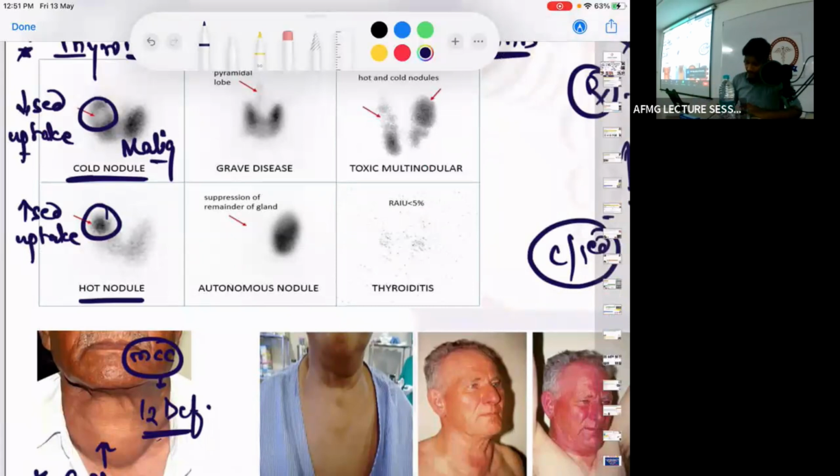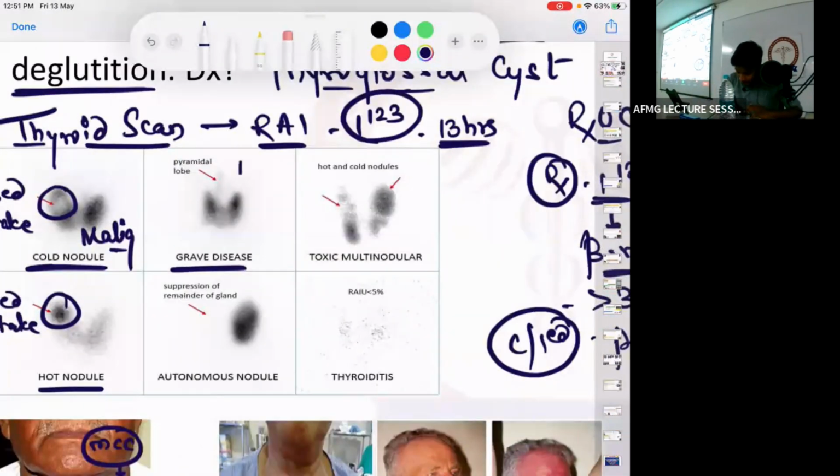Okay? Then if I say there is a diffuse increased uptake of iodine, it is suggestive of Graves' disease, and Graves' disease is the most common cause for hyperthyroidism. No issues with this.